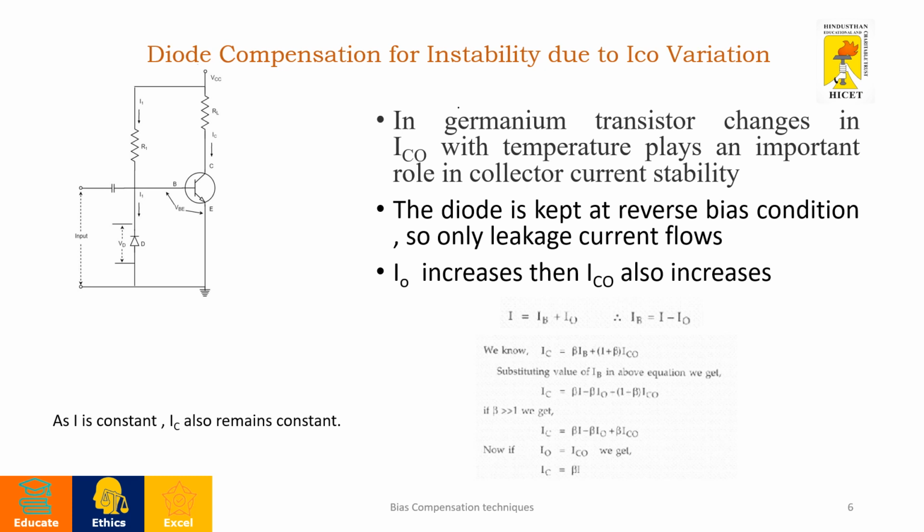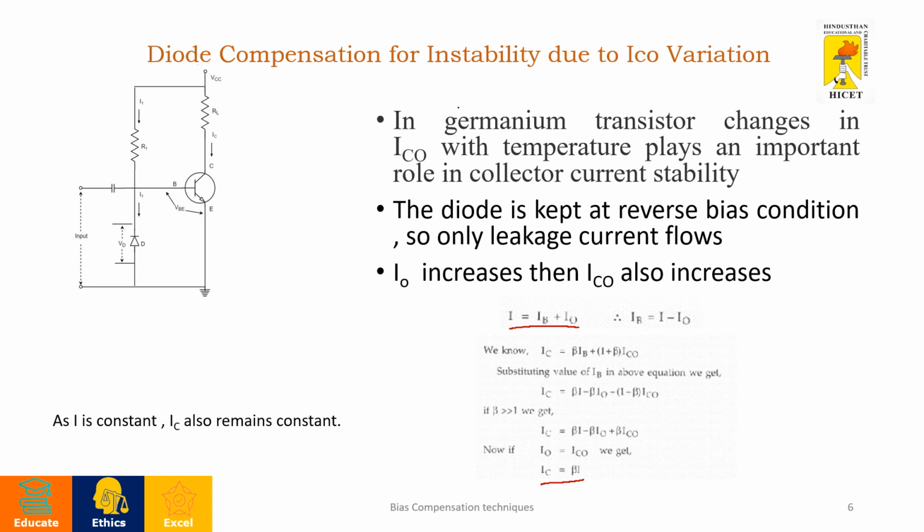When the reverse saturation current varies here, a similar amount of variation also happens in the diode because of temperature. If you solve it, the overall current is the base current plus reverse saturation current I0, and IC becomes beta into I.